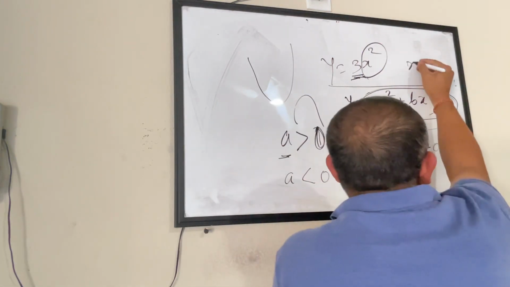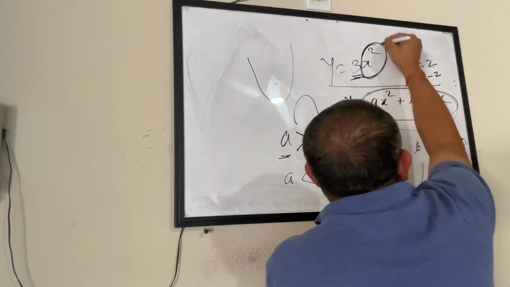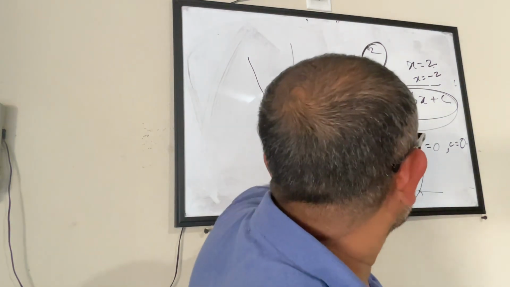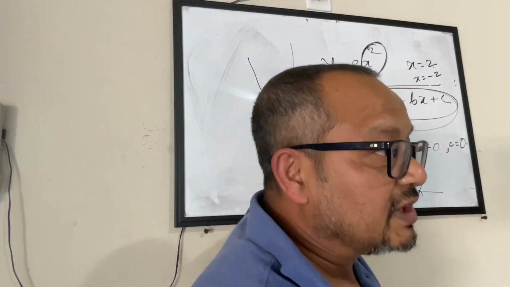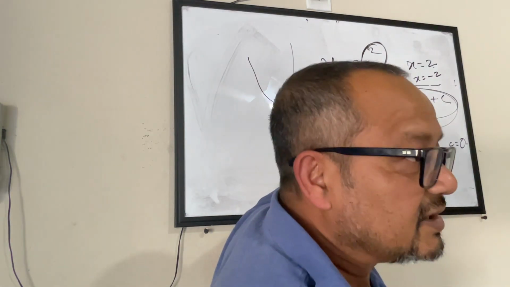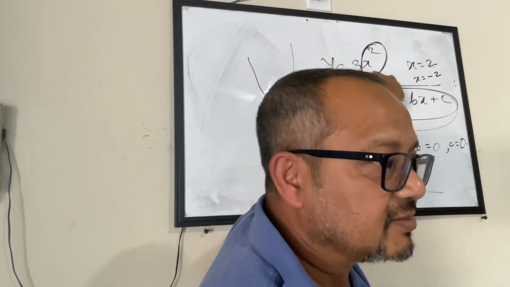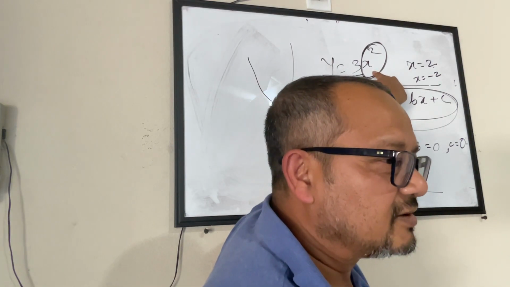Whether x is equal to 2 or x is equal to minus 2, this part will be positive always. So it is the coefficient that decides whether y would increase or decrease based on increase or decrease of this one. Okay? Are you guys with me so far?